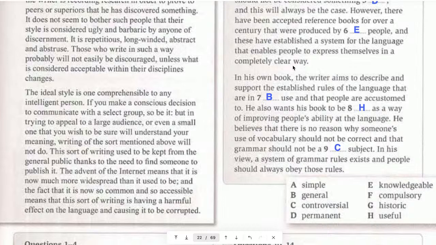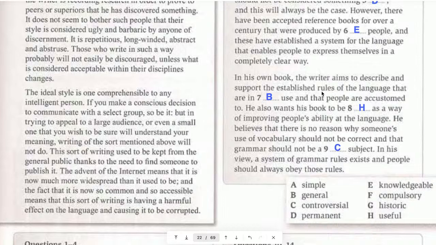Okay. In his own book, the writer aims to describe and support the established rules of the language that are in, and the answer is B, general. That are in general use and that people are accustomed to. The writer aims to describe and support the established rules of the language.